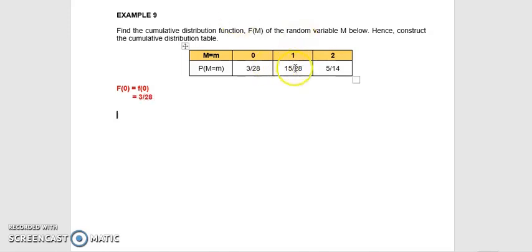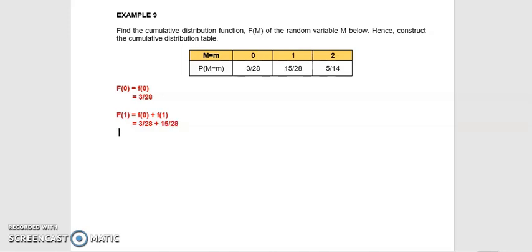Then x equal to 1. So cumulative up to x equal to 1 will be F0 plus F1. Cumulative means you total up accordingly. Sorry, this one is F1, not F10. So F0, 3 over 28, plus F1, 15 over 28.